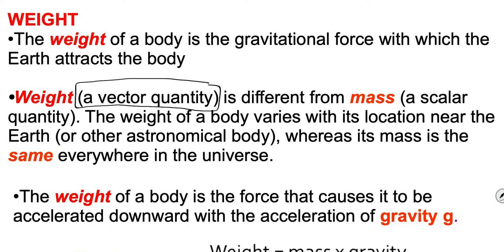And we've discussed this before, but the weight of a body varies with its location near the Earth, which is kind of interesting. So if you are on the top of the highest mountain on the Earth, you'll weigh a little bit less, okay? Or if you're at the bottom of the deepest trench in the ocean, you'll weigh a little bit more because you're closer to the center of the Earth.